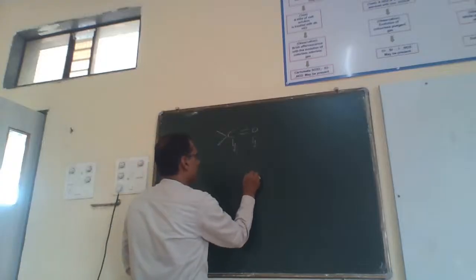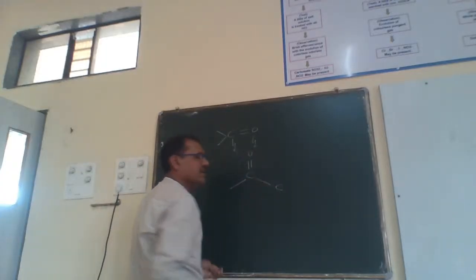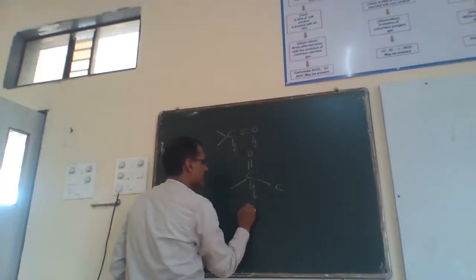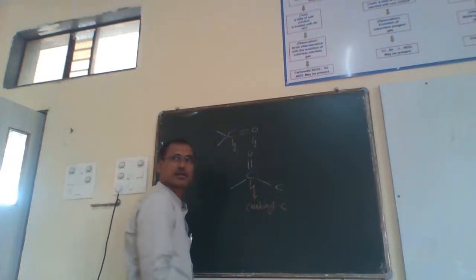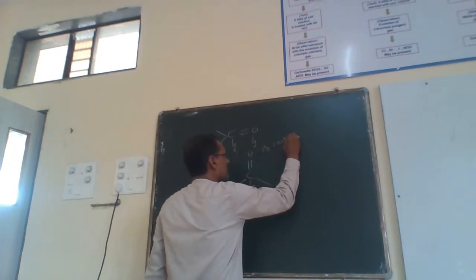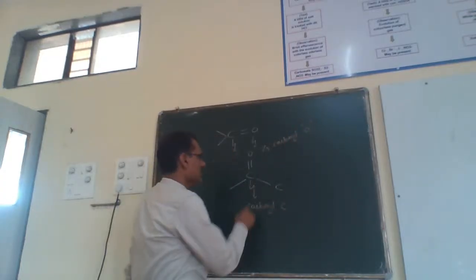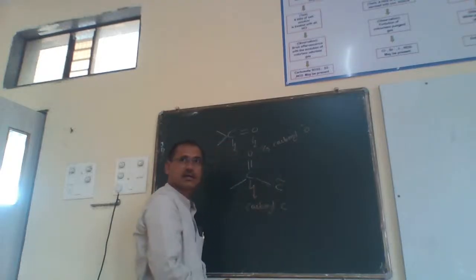For example, if I draw a carbonyl group like this, let us understand the naming of the carbons in the compound. This carbon is referred to as the carbonyl carbon. This oxygen is referred to as the carbonyl oxygen. The carbon which is bonded to the carbonyl carbon is referred to as the alpha carbon.